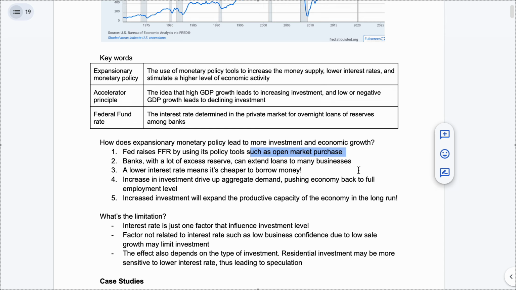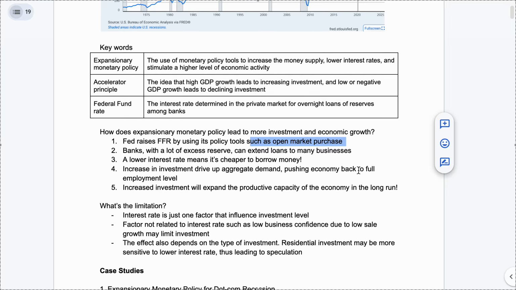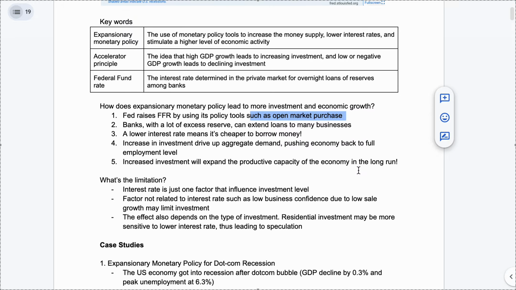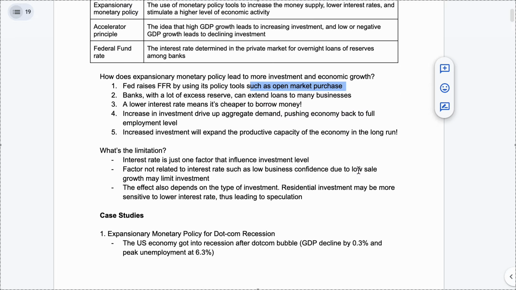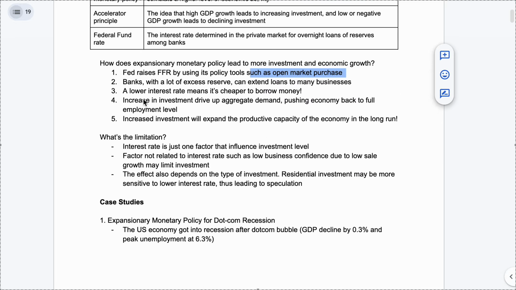So they create money and pay those commercial banks. The commercial banks get a bunch of money in their bank reserves, so they have excess reserves available to extend loans to businesses, households, and other banks. So banks with a lot of excess reserves can extend loans to many businesses.